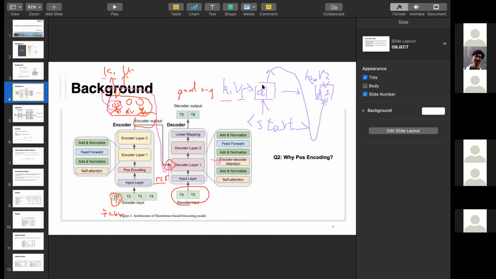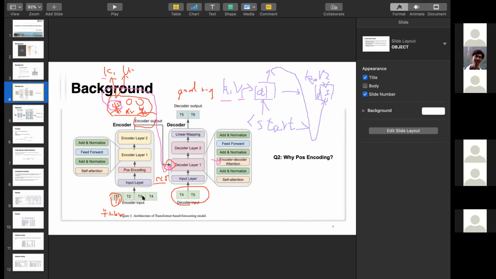Actually, the D1 token attends to all the output tokens of the encoder. It's not only K1, V1, it's all the output tokens. For example, if the input is T1 to T4, then the output will be K1 to K4 and V1 to V4.